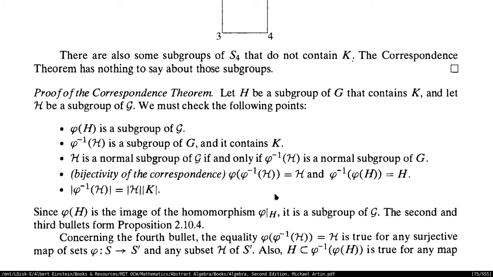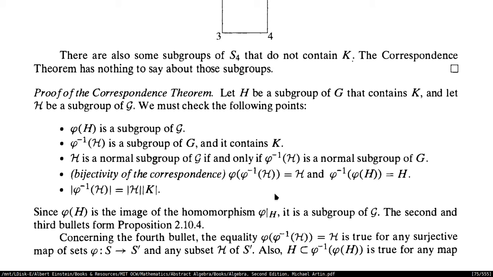Okay, so for the bijective correspondence, you have to take the images and then their preimages and see if they're consistently one-to-one.